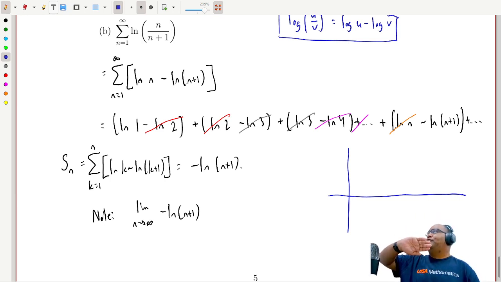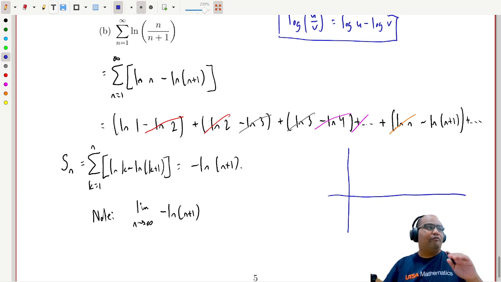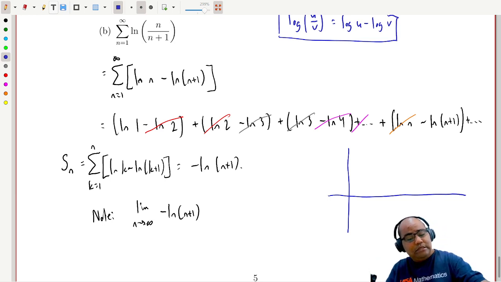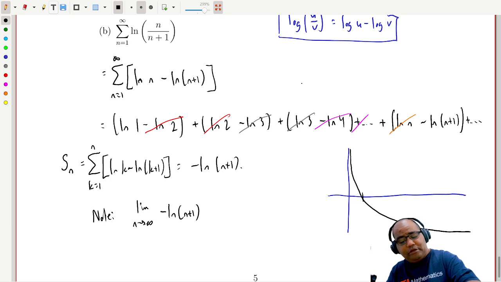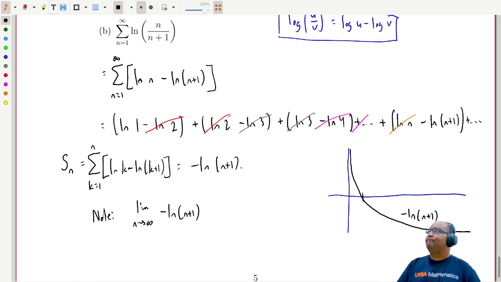Well, the minus sign will flip it up. That's a reflection about the x-axis. And if I think about this, just go back to my parent functions here. This is the graph of log of n plus 1, but with a negative sign. And if you really think about it, if you graph this in Desmos, this goes to minus infinity.